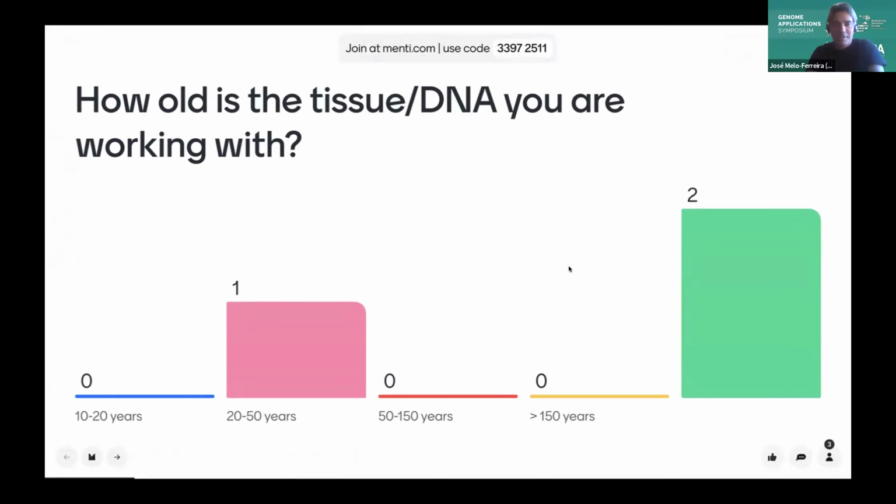So you get the Menti code in the chat? Share, and then I present. What can you see? Okay, it's working.